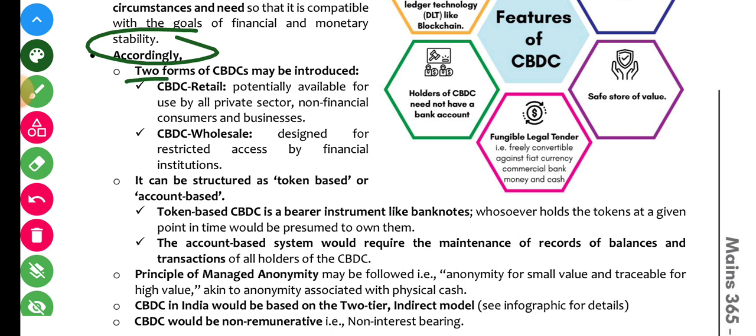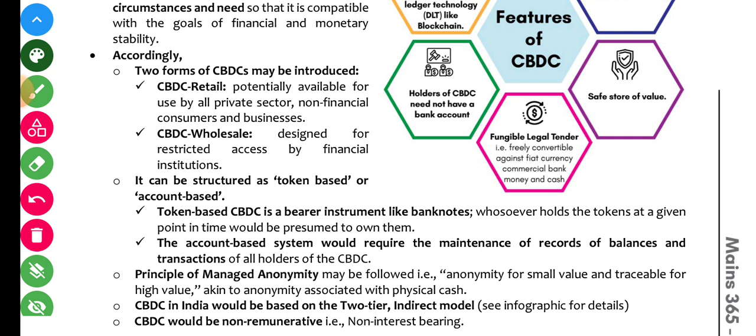Accordingly, two forms of central bank digital currency may be introduced: CBDC retail, potentially available for use by all private sector, non-financial consumers and businesses, and CBDC wholesale, designed for restricted access by financial institutions. So keep this in mind: two forms of CBDC may be introduced.